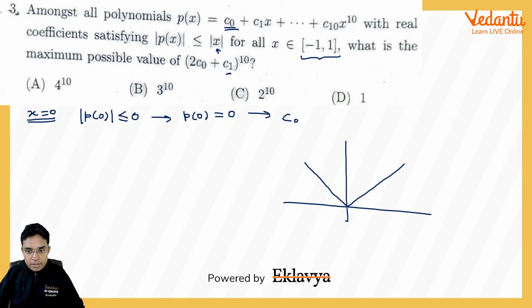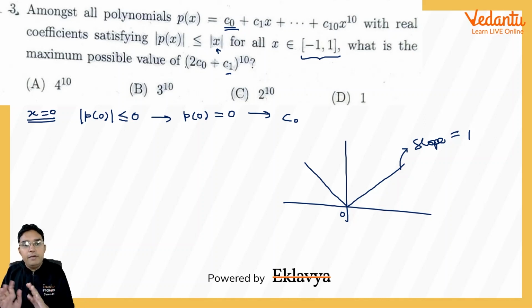So if that is the scenario, and here on the right hand side you can check the slope is 1, so the slope of p(x) should also be at most 1 on the right hand side, or on the left hand side also, because mod is there. So slope 1 or minus 1 will make both sides 1 only after putting mod there.